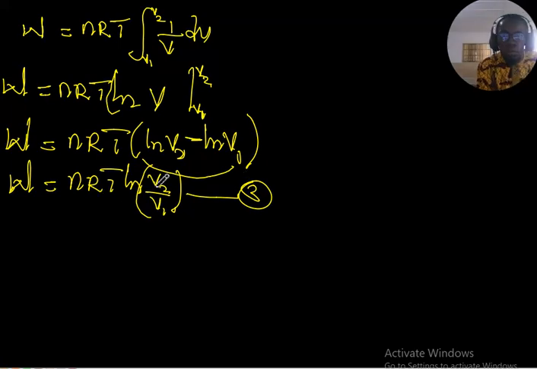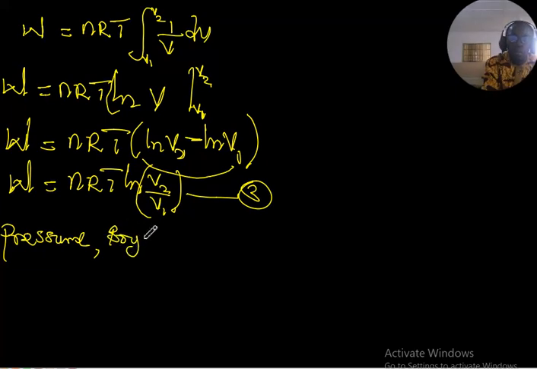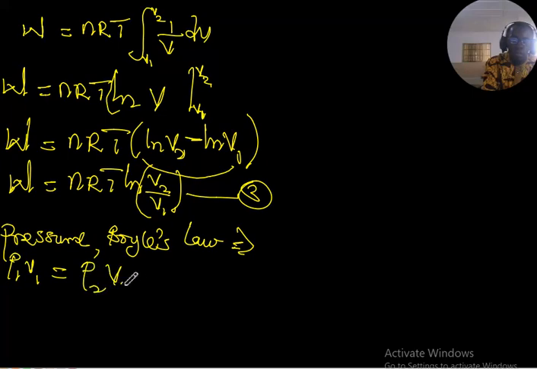What we have left is V2 over V1, but we are asked to find the work done in terms of volume and in terms of pressure. So for pressure, you have to recall that Boyle's law states that P1 V1 equals P2 V2. So how can I rearrange this? What we have in the previous equation is V2 over V1.